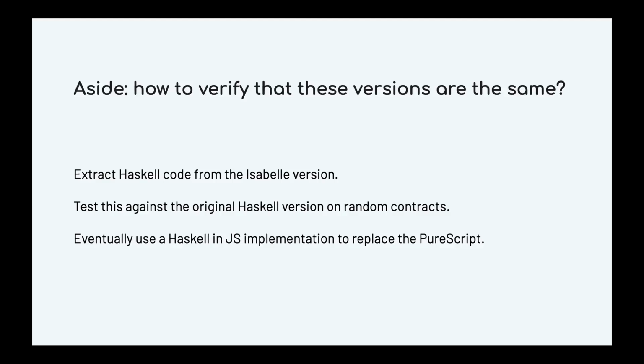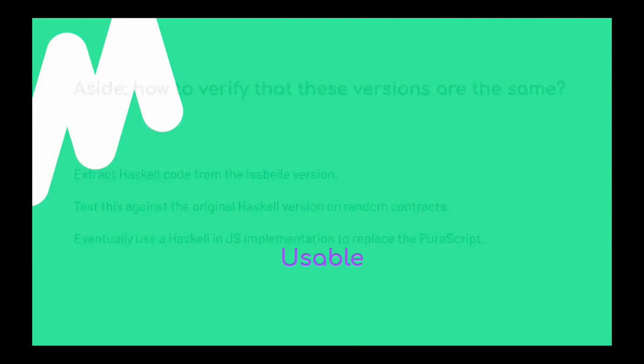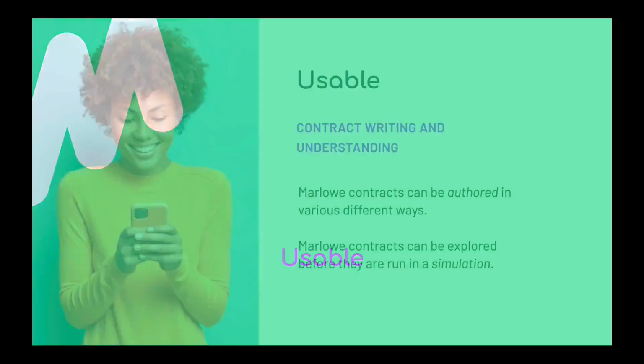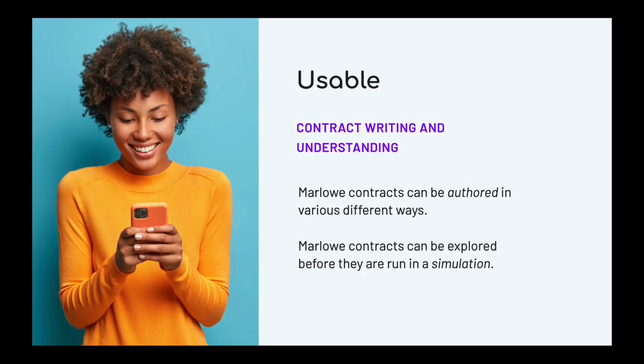Okay, so that gives us a picture about how the system is put together. Let's go to another aspect of Marlowe, which I talked about it being a special purpose language, about it being a DSL, and that promoted usability. Let me say a bit more about that. One way we promote usability is that we provide different ways of writing contracts, different ways of authoring contracts.